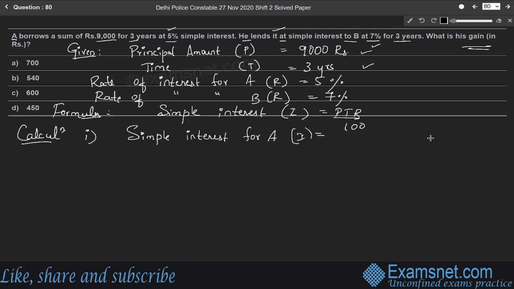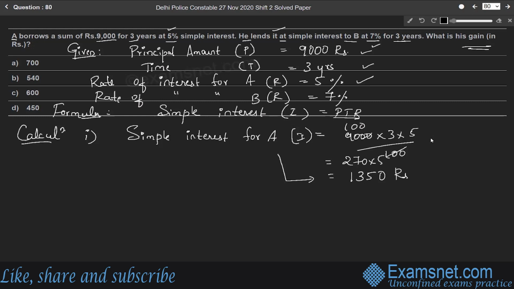Simple interest for A: P is 9,000 rupees, time period is 3 years and the rate of interest is 5% divided by 100. So here 90 into 3 is 270, into 5, which is equal to 1,350 rupees. So simple interest for A is 1,350 rupees.